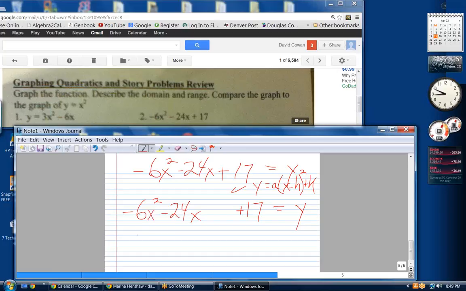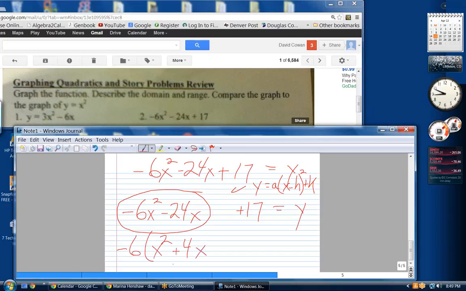But the one that I have to make equal to 1 is the one that's in front of the x squared. So if I factor out a negative 6 from that, I get minus 6 times x squared minus 4x.